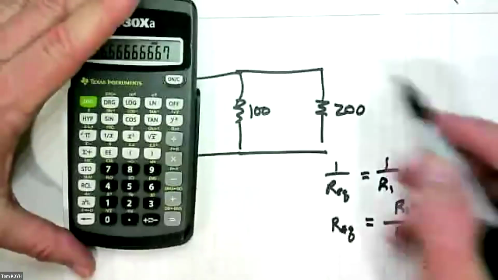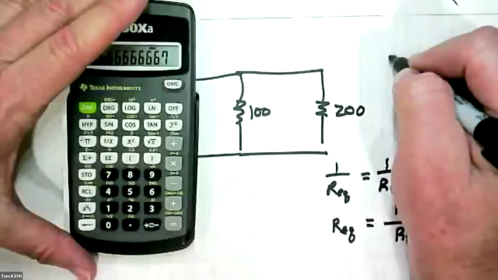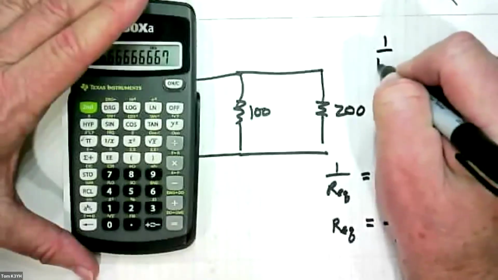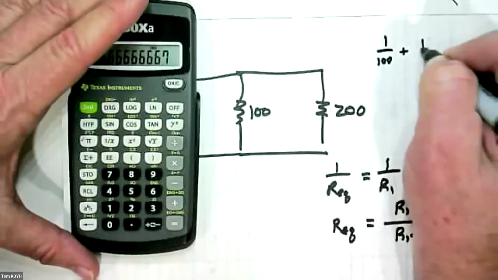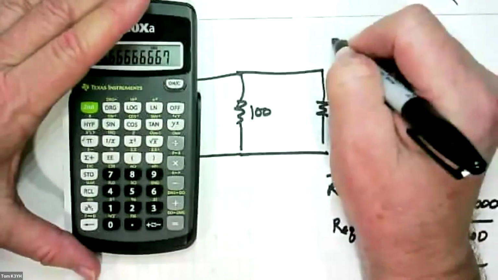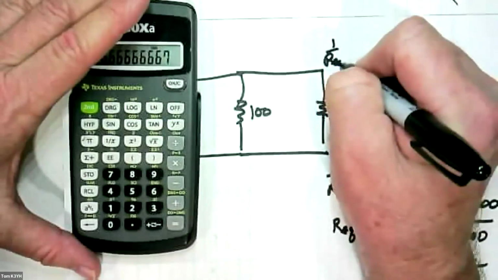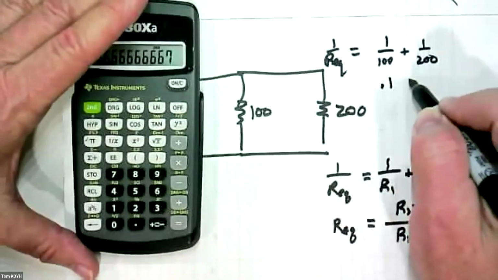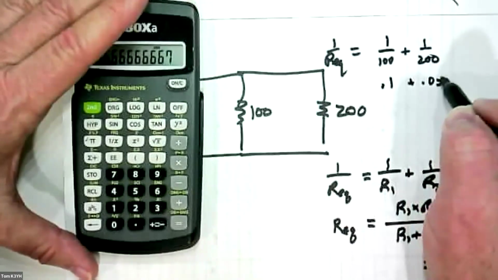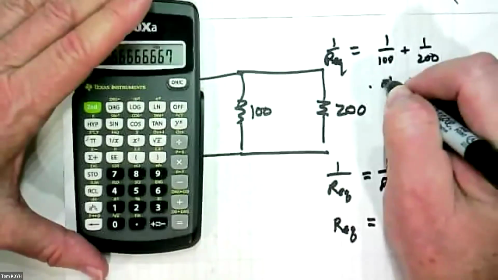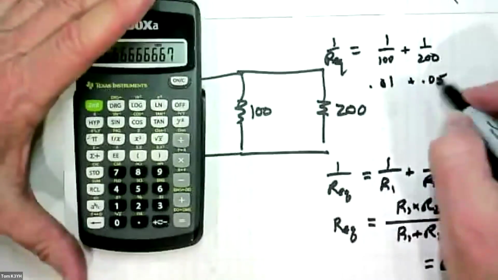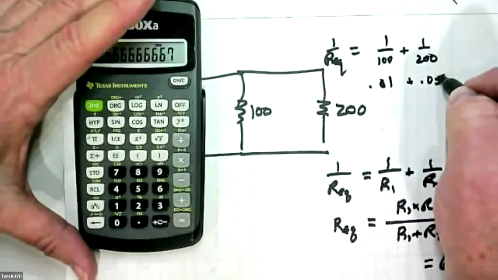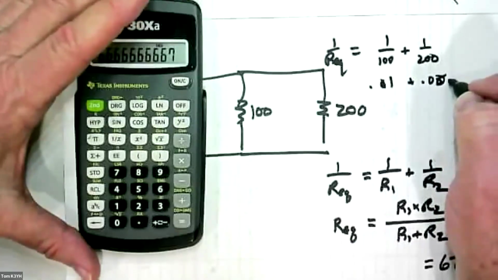Okay. If I did it the way we showed before, the complex way, it would be 1 over 100 plus 1 over 200, 1 over R total or equivalent equals this. So this is 0.01 and 0.005, right?